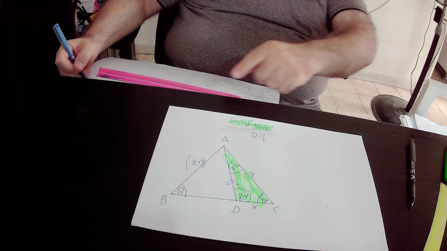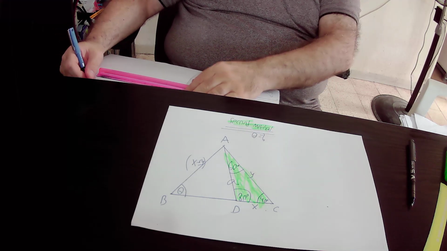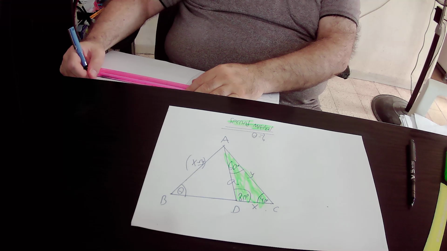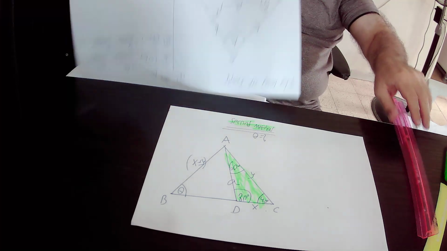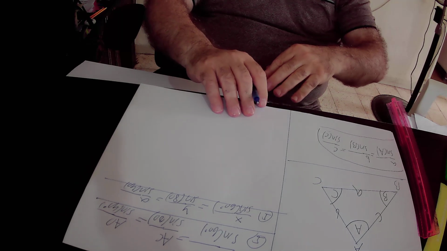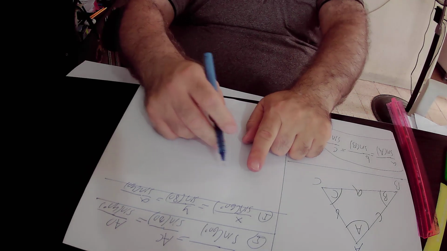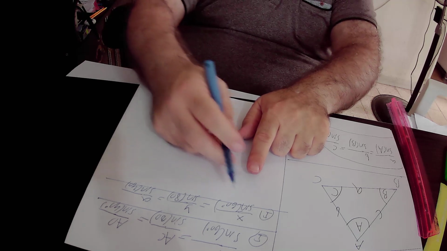And finally, AD equals a, therefore we'll substitute AD by a. Okay, so this is the expression that we got here. So we have here three expressions that are all equal to each other, 1, 2, 3.